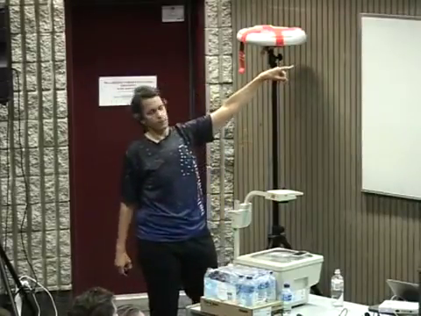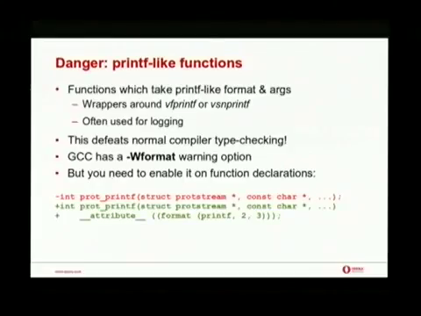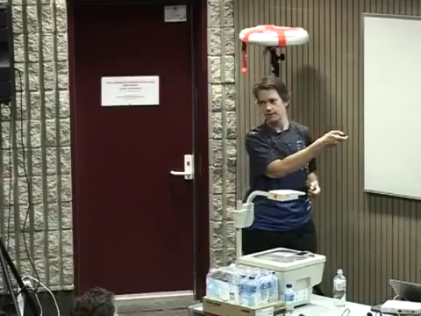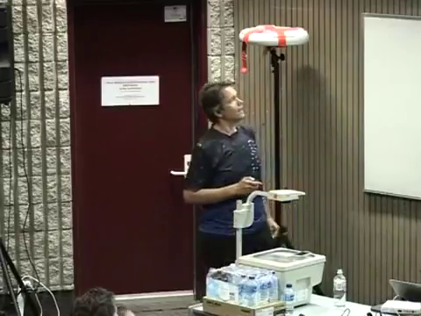When I say this defeats normal compile time checking, it defeats the compile time checking that's in the C standard. GCC, as you rightly point out, has its own way of checking printf arguments, but it doesn't even try unless you give it the right magic, which is the attribute format printf. That magic has to be there. And you should use it. I highly recommend it. I think it's an excellent feature of GCC.